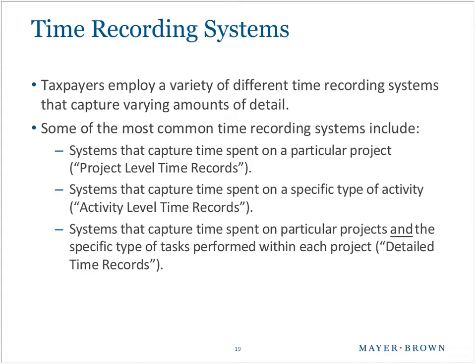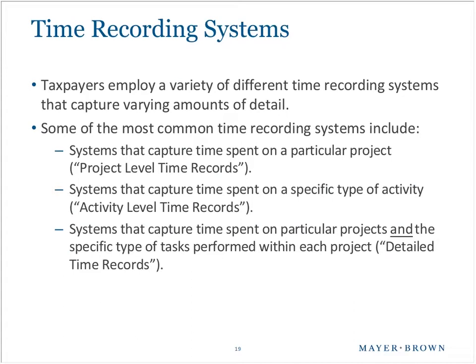There's a lot of different ways that you could have a time recording system, and there's three common methods shown on this slide here. One is a project level time record. For these systems, taxpayers might simply record the amount of time that research and development employees are spending on a particular project.